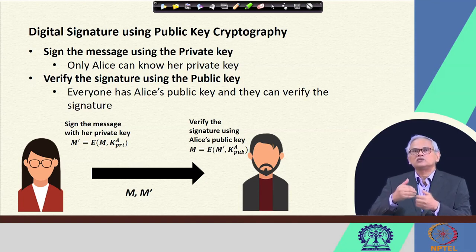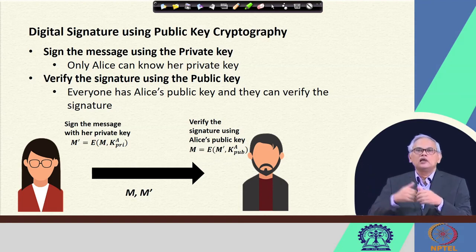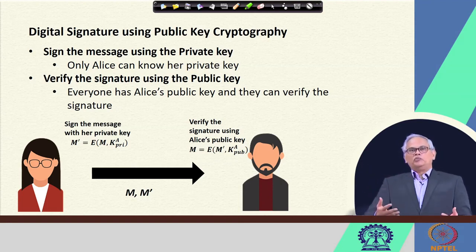Here it works just in the opposite manner. Here Alice first will encrypt the message with her private key. So, Alice is sending a message to Bob and she is going to put the digital signature, meaning that, as we have explained, Bob would be able to verify that indeed it was sent by Alice, and Alice also will later on not be able to deny that she had indeed sent the message.